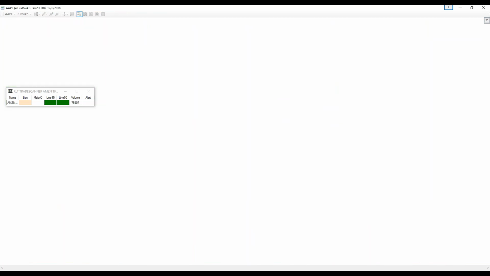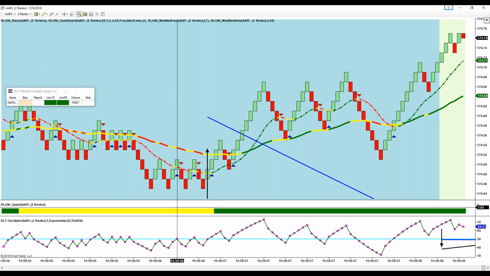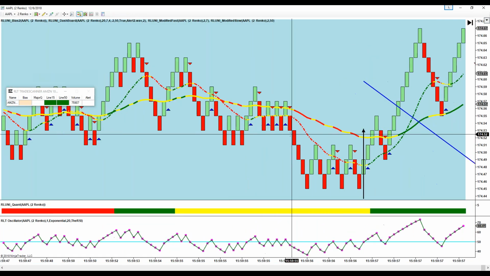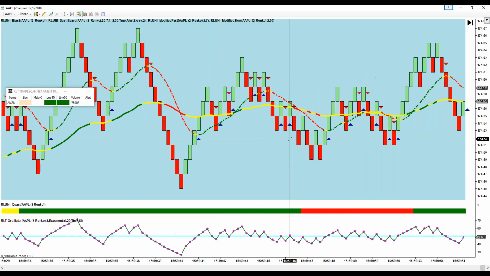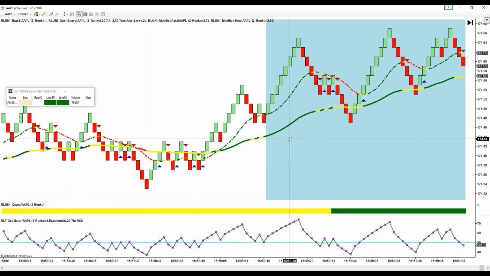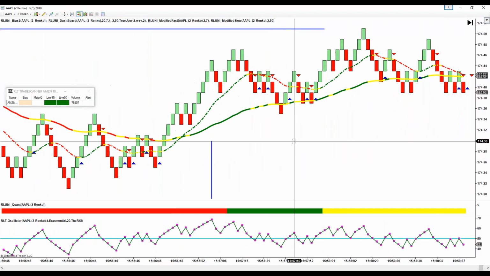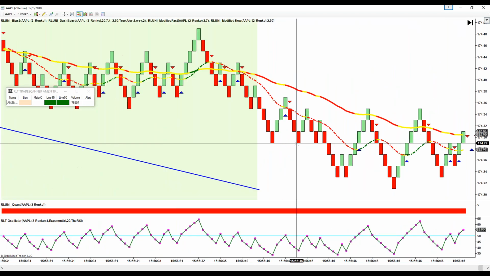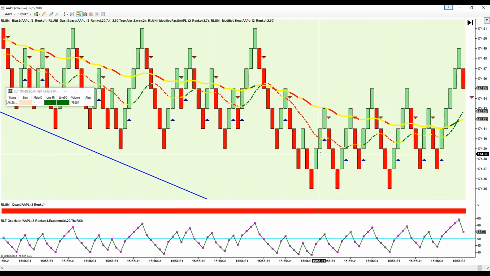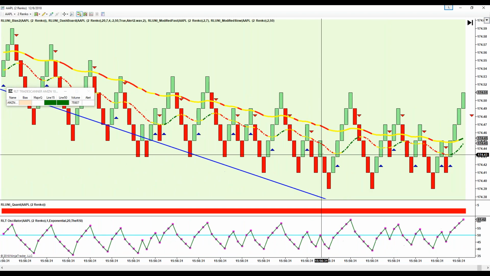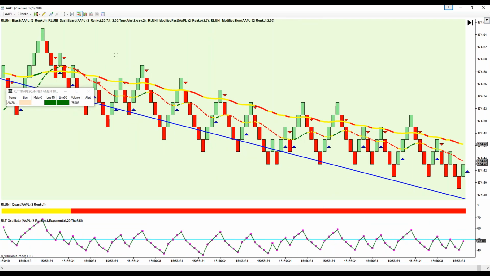Now, it's my warning that you should never trade this kind of Renko, and I'll tell you why. First of all, you have absolutely no idea who's in control of the market.